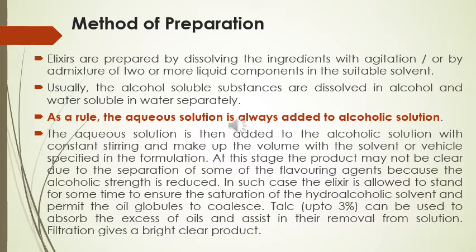Now this is very important, that aqueous solution is always added to the alcoholic solution. After this, the two liquids are mixed properly with constant stirring, and the volume is made up with the required solvent which is mentioned in the formula.